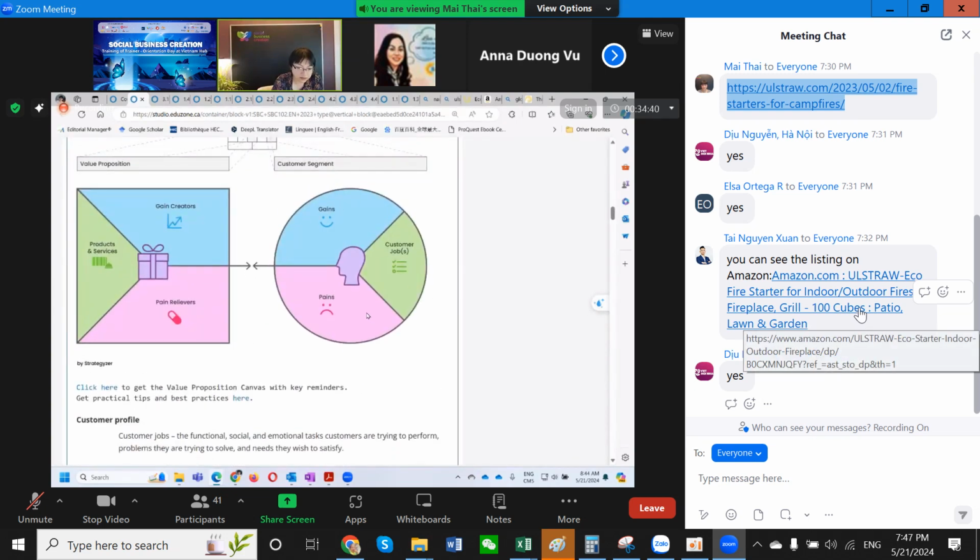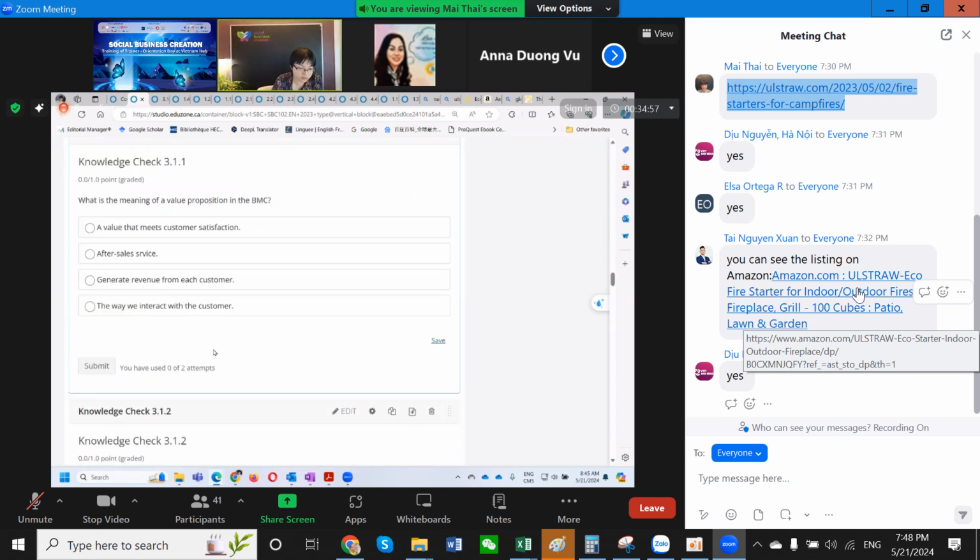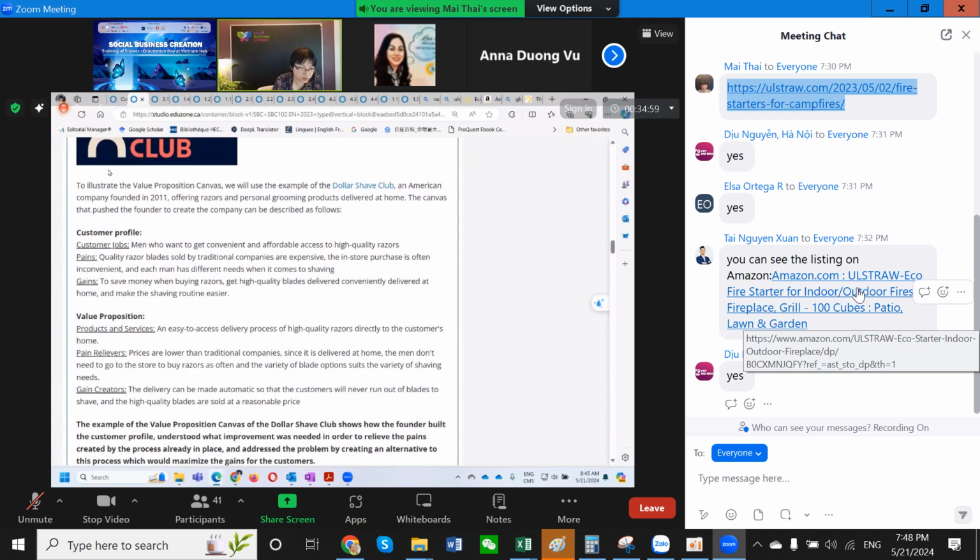And the more painful it is for them when they are performing certain tasks, then the more willing they're willing to pay. And then that is the value propositions you have. It has to match with the customers that you want to focus on.